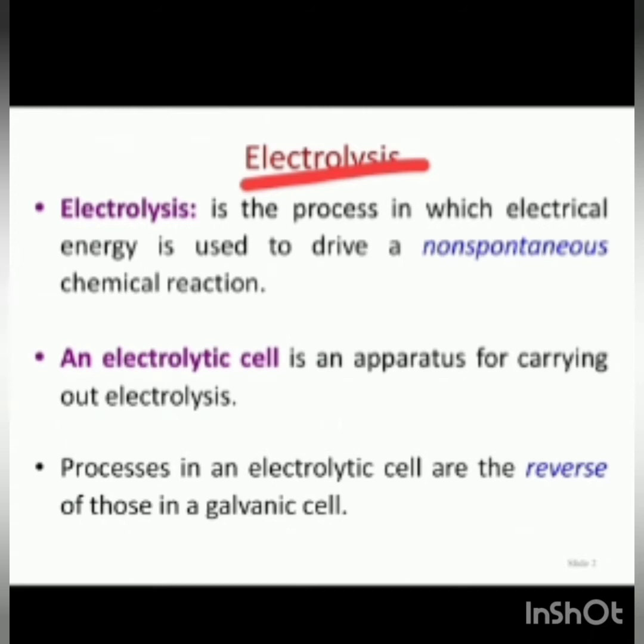That is, they can only occur if energy is put into the reaction from an external source. An electrolytic cell is an apparatus for carrying out electrolysis. Processes in an electrolytic cell are the reverse of those in a galvanic cell.